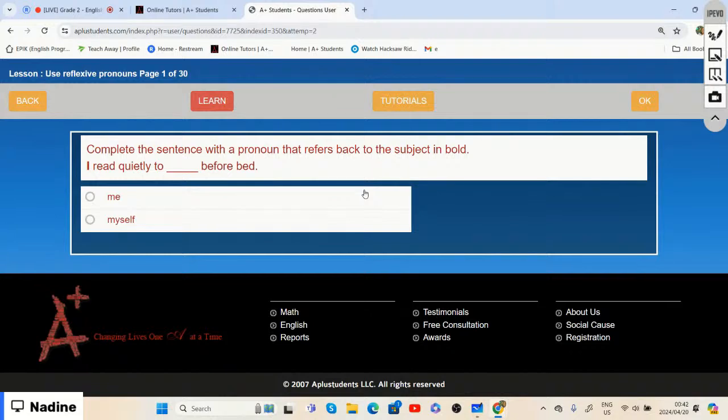As it says, complete the sentence with a pronoun that refers back to the subject. Remember that box that I showed you? The reflexive pronoun on the right needs to refer to the subject, which is on the left.